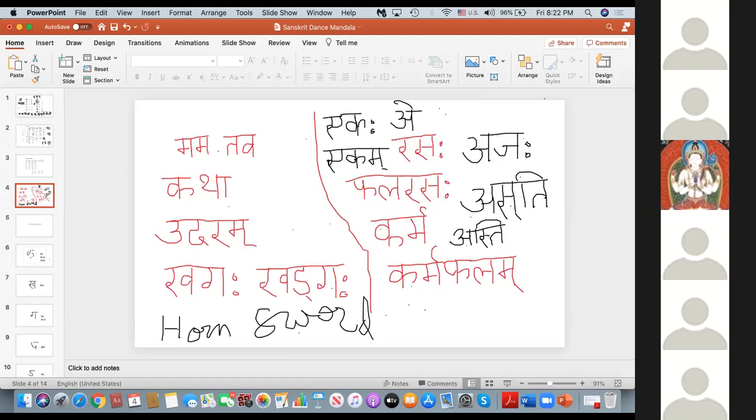Asti. This is T, right? This is ta, and then the pillar on the roof, E. Asti. This is ta, and this is the pillar on the roof, standing for E. Asti.